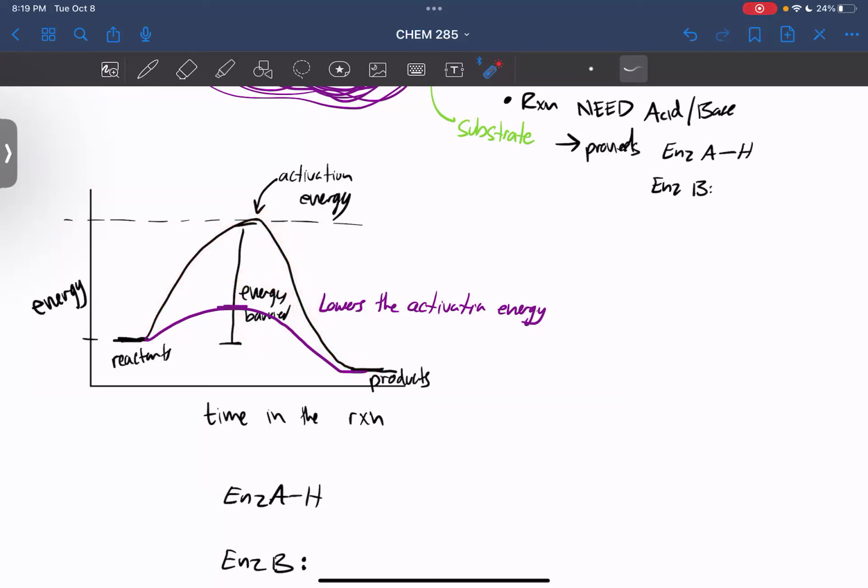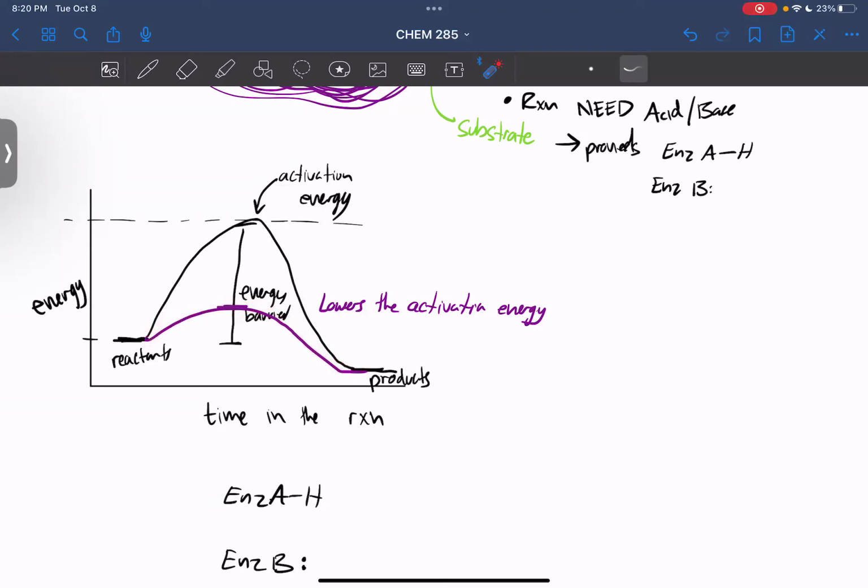That is the amount of energy required to get those two molecules together in the right orientation at the right time with the right amount of force to have them actually touch and interact. Remember, they have electron clouds around them, so they repel each other to some extent. What enzymes do is lower that activation energy.